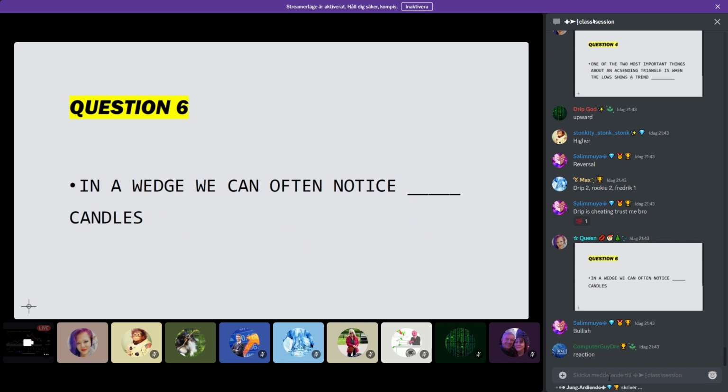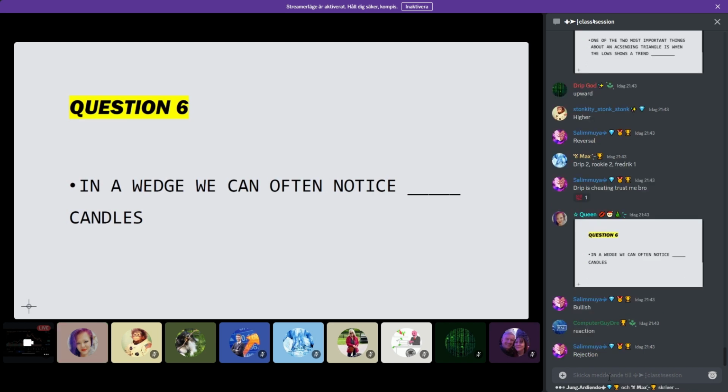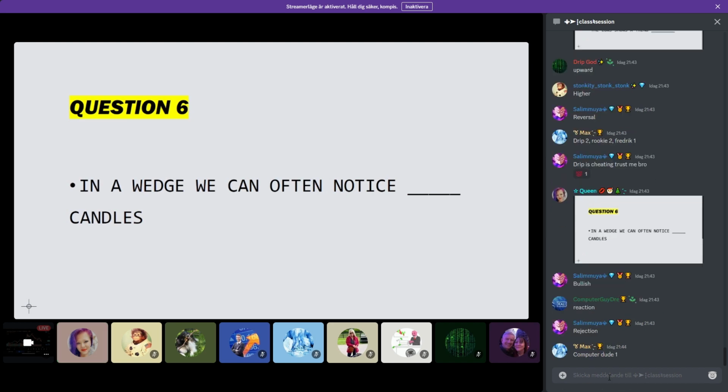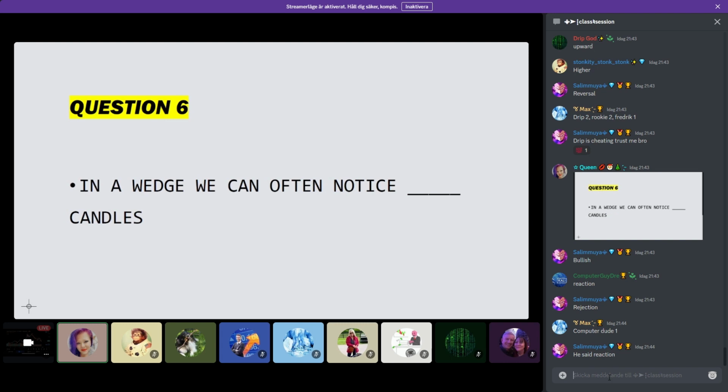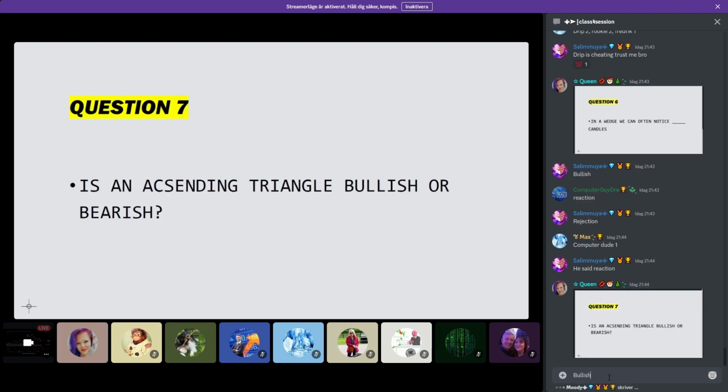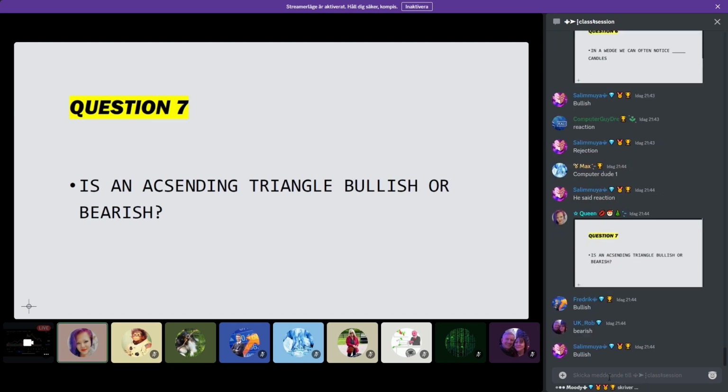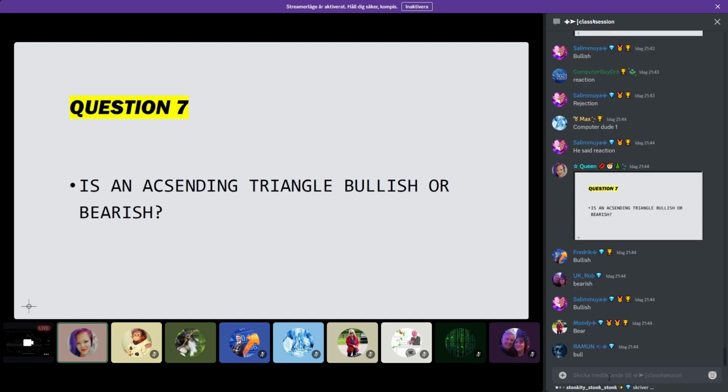Yep. All right. The next one. Rejection. Yep. Number 7. Okay. Is an ascending triangle bullish or bearish? Bullish. Frederick got it. Yep. It's bullish.